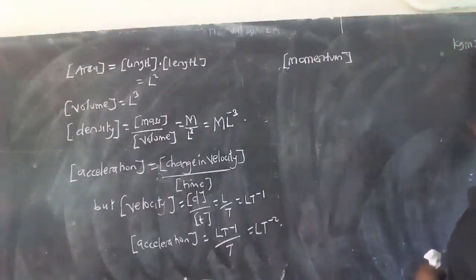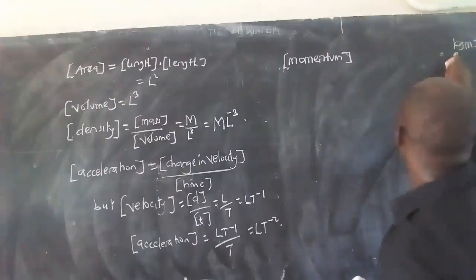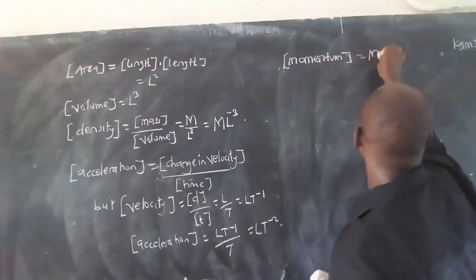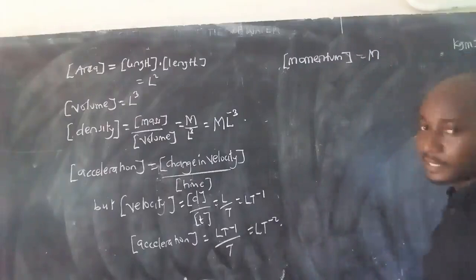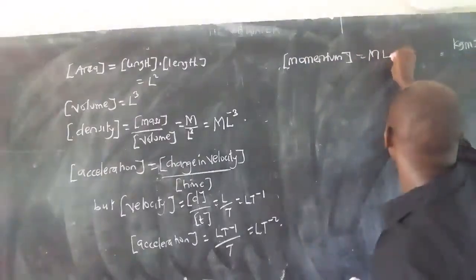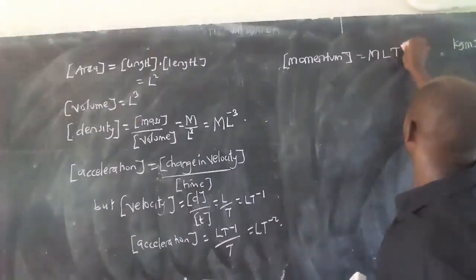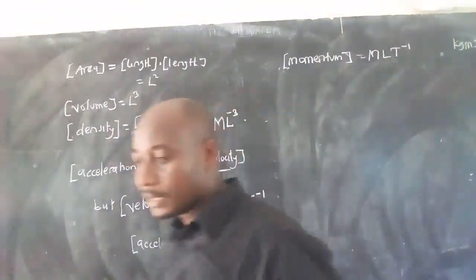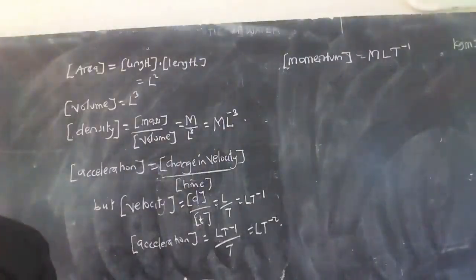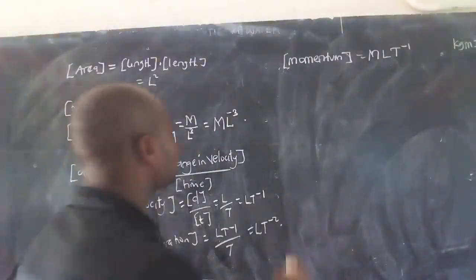So kilogram is for mass, that's capital M. Meters is for length, that's capital L. Second is for time, that's capital T, with the negative 1. Okay?